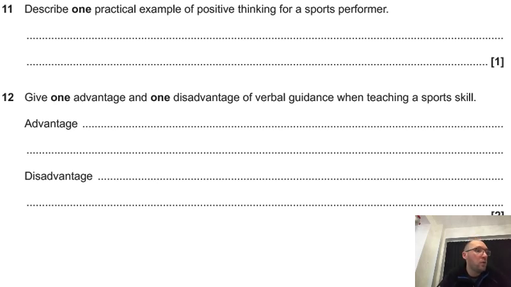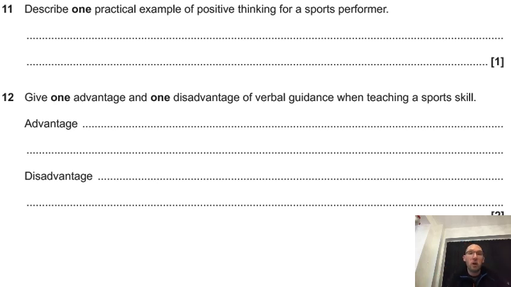So 1 mark for a suitable practical example of positive thinking for a sports performer. An example, a goalkeeper saying to himself that he will save the penalty, or a rugby player expecting to tackle their opponent effectively. So it's saying, I'm going to save this penalty, or thinking to yourself, I'm going to save this penalty before it is taken.